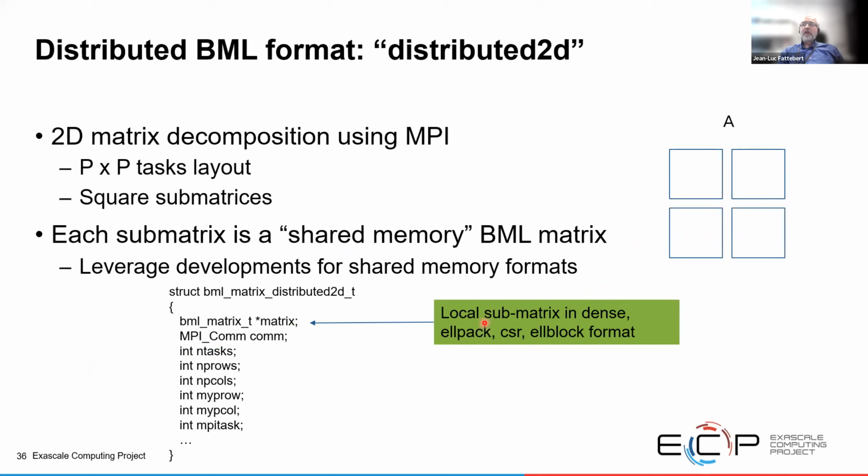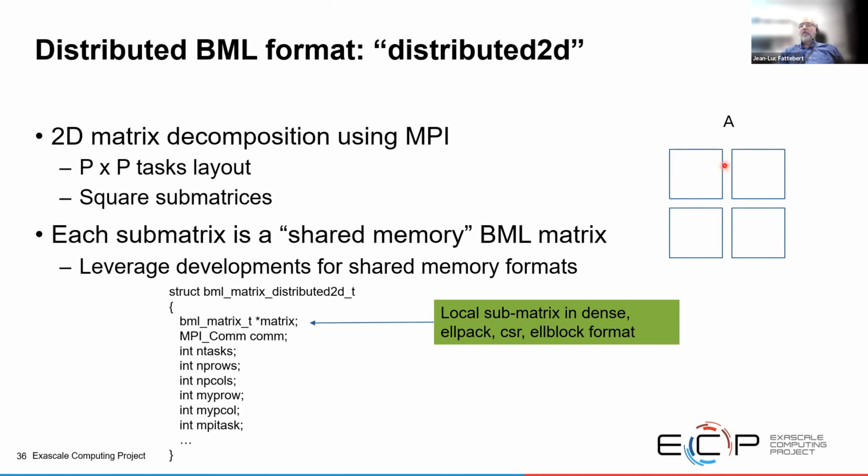The other approach is where we try to leverage what we did for non-distributed matrix operations. What we've introduced is a distributed format we call distributed 2D, which is essentially a wrapper around our shared memory matrices. Let's say this is a 2 by 2 domain matrix decomposition on 4 processors.